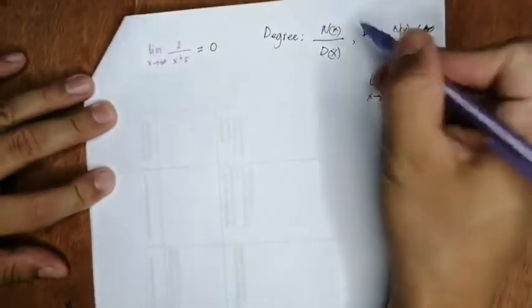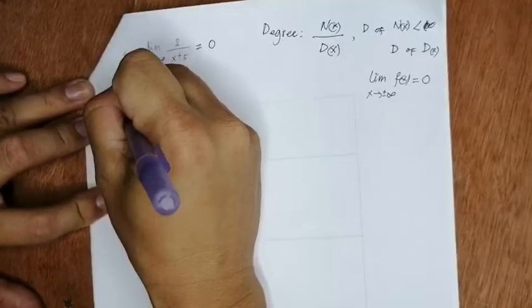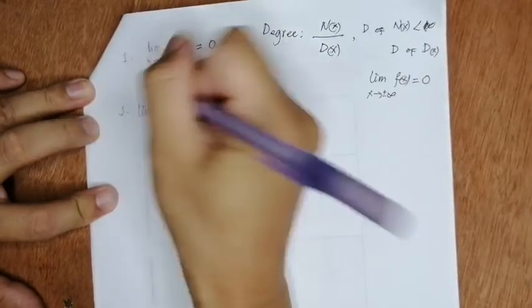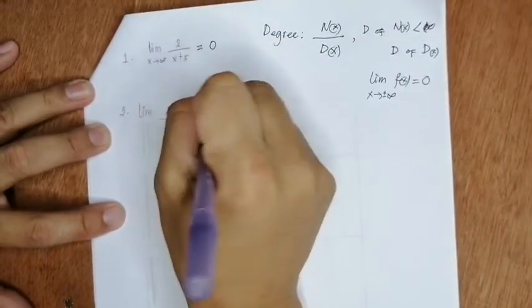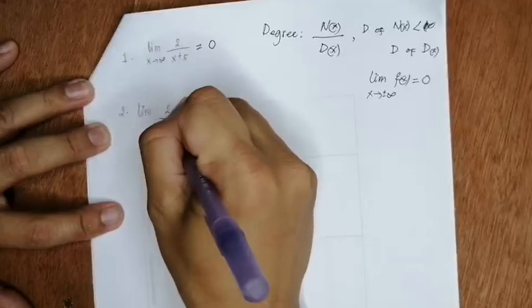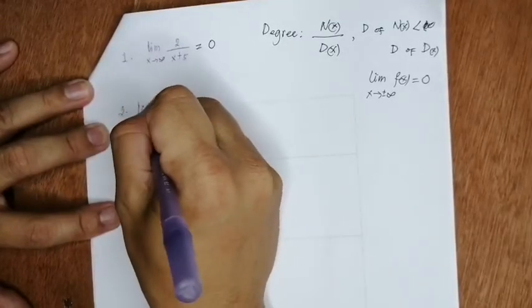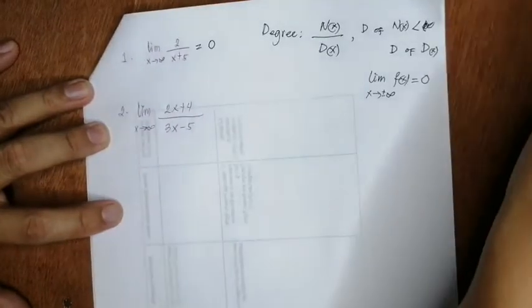Ito yan. Based sa degree. So, this is for example number 1. Example number 2. Say, evaluate the limit of 2x plus 4 over 3x minus 5 as x approaches positive infinity. Ayan.